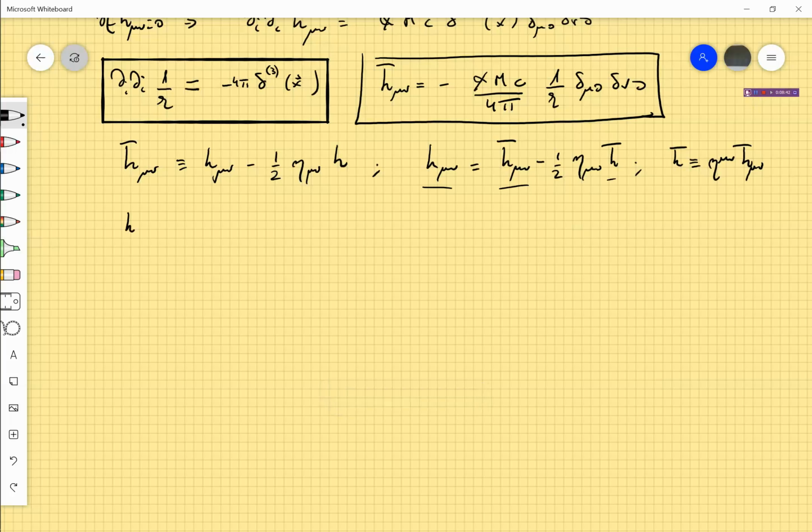Okay, let's compute h bar. So h bar is just eta mu nu h bar mu nu. Since h bar mu nu only has component 0 0, this is just h 0 0, which is what we wrote above.